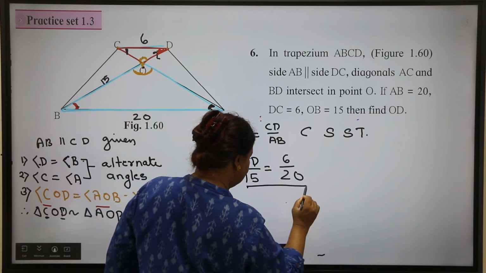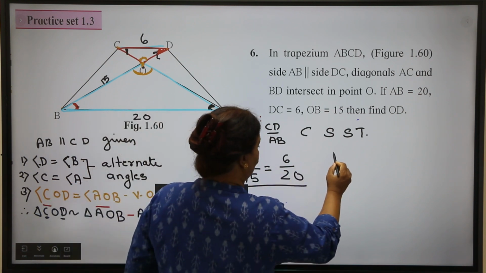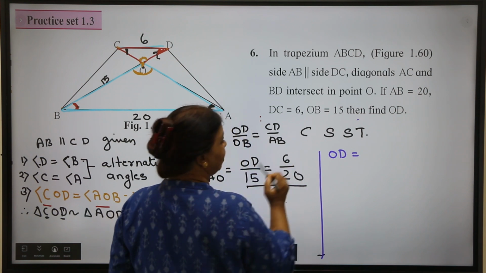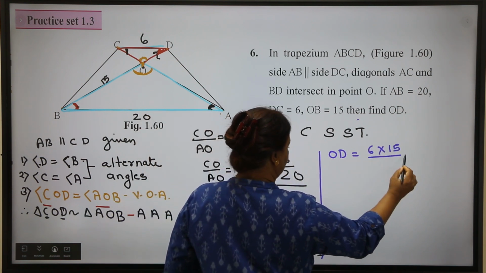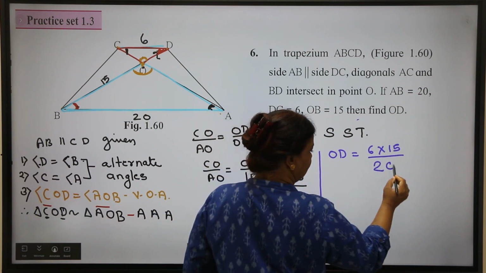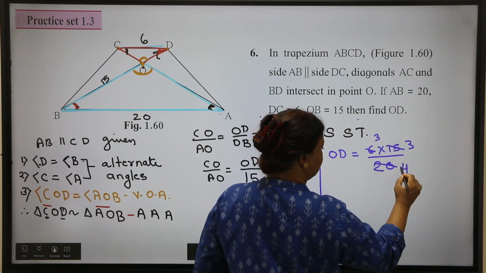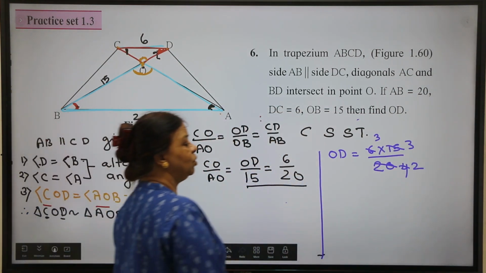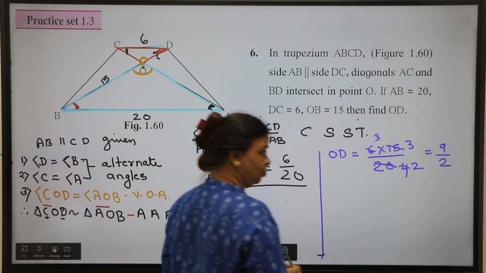So we will be taking these two. OD is equal to 15 will go with 6, 6 into 15 upon 20. 5 3s are 15, 5 4s are 20, 2 3s are 6, 2 2s are 4. Okay, 3 3s are 9 upon 2. Now need to divide 9 by 2.